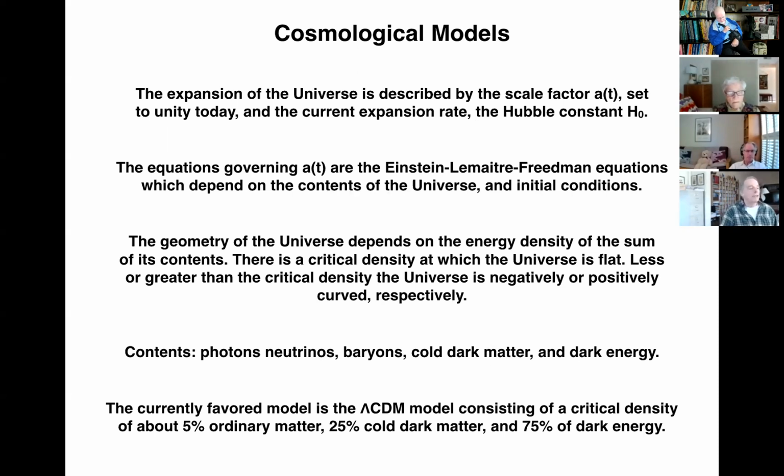And the contents that we know about today, and that we incorporate in our models, are photons and neutrinos. These are relativistic particles in the sense that photons travel at the speed of light, neutrinos almost at the speed of light. Then baryons, which are electrons, protons, ordinary stuff.